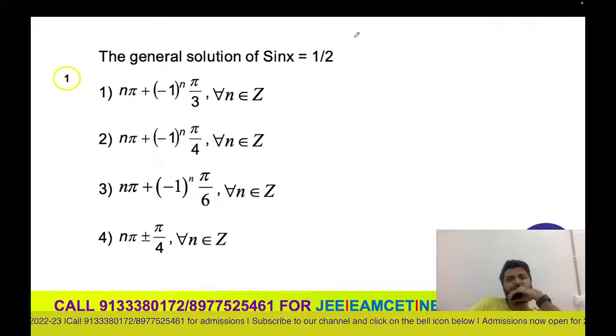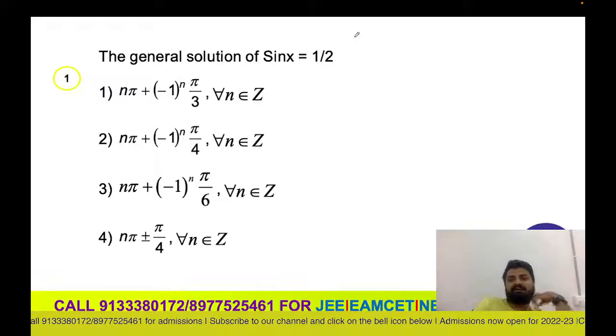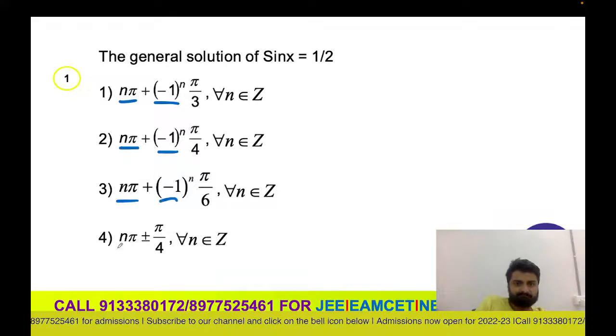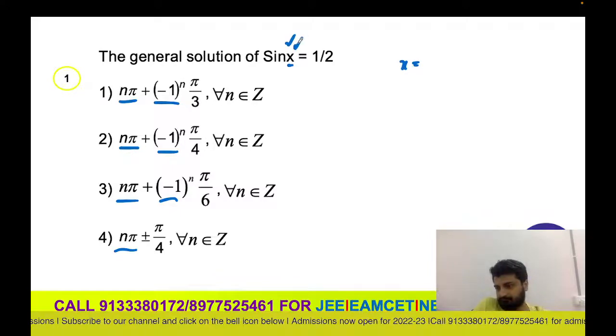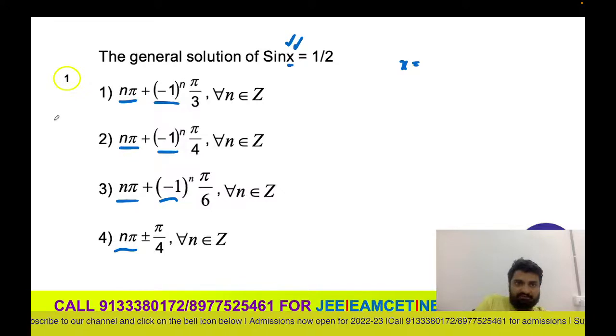So let's get into the problems. Now when we talk about the general solutions, as I told you, the options will be in terms of n. They are asking you the value of x which is satisfying this equation. First, you just need to give n equal to 0.